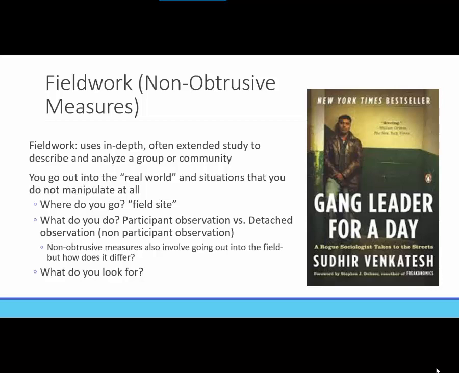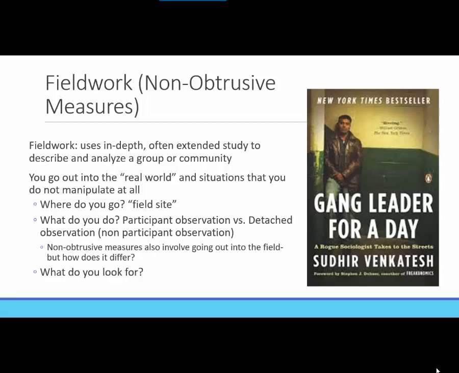And you do this by going out into the field. You go out into the real world that you don't manipulate at all, and then you engage in some type of observation. You can engage in what we call participant observation, which is you participate in the field site, and at the same time you are writing down notes, gathering data about what's going on.